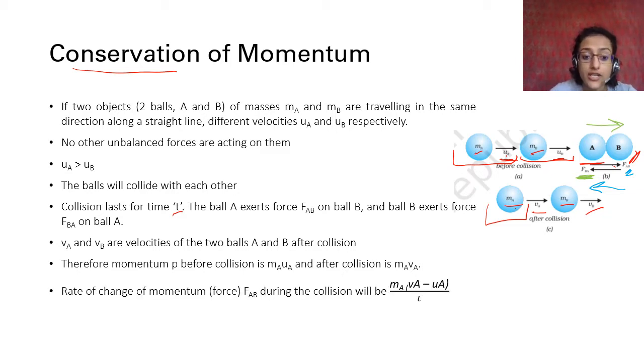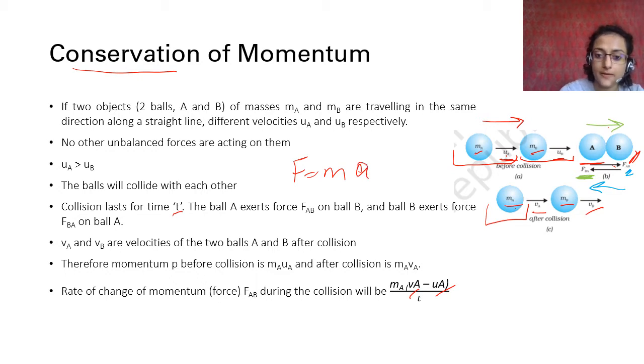The rate of change of momentum, which is the force according to the second law of motion, force FAB, acting from A to B, this green arrow here, during collision will be mass into acceleration. What is acceleration? Acceleration is change in velocity upon time. What is the change in velocity? VA minus UA. We know that force is equal to ma.